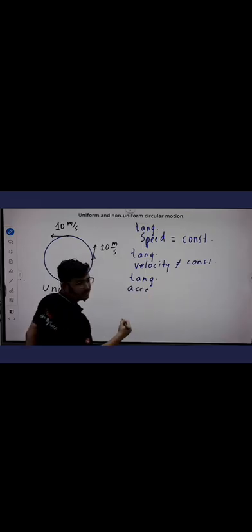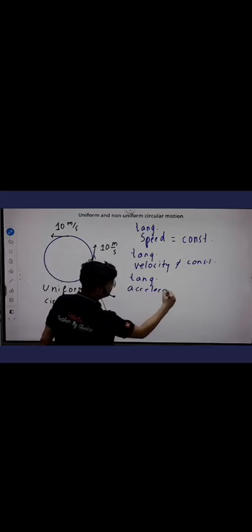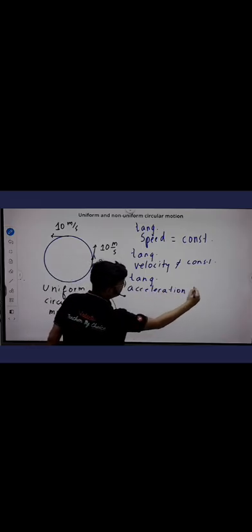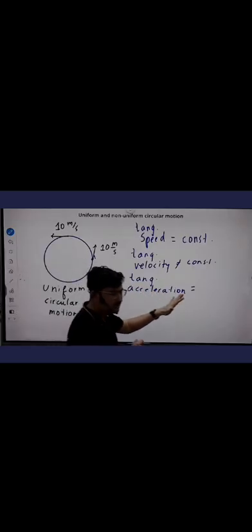So the next thing we have here, everyone, is tangential acceleration. Note it down. Keep this in mind that tangential acceleration is the change in tangential speed by time, not the velocity.